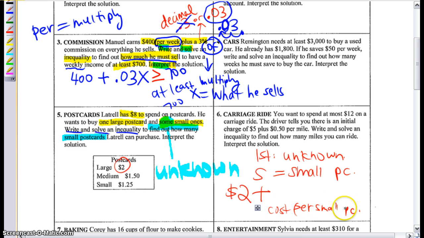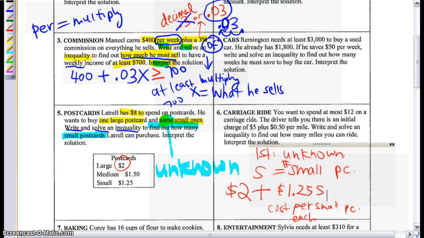So the cost per small postcard is going to be 1.25 each, times the amount of small postcards that I want. S stands for the number of small postcards. So I'm going to take 1.25 and multiply it with S. I'm adding that with the large postcard because I'm still going to have the large postcard no matter what, but I do want to add a certain number of small ones.